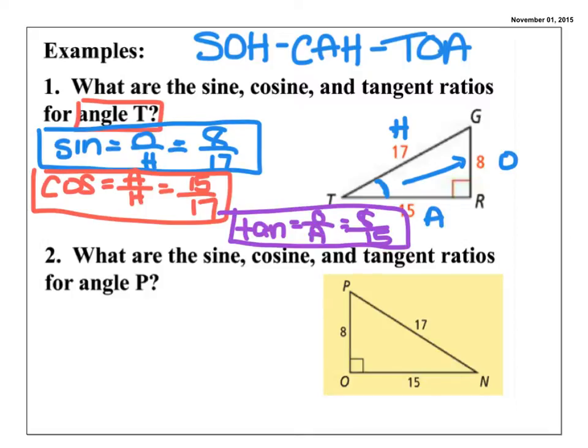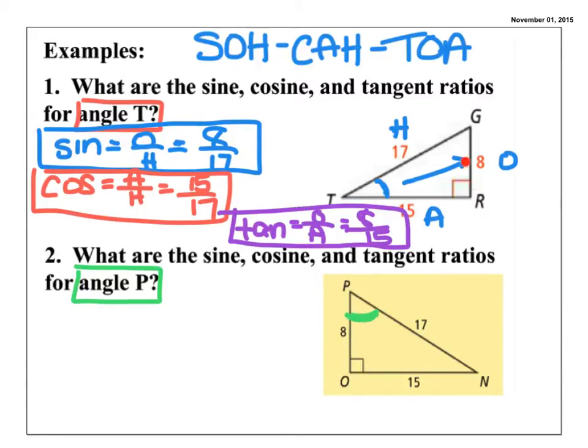Number 2, we want the sine, cosine, and tangent ratios for angle P. Now, remember what I said earlier. The key to the problem is the reference angle. You've got to identify that reference angle first because that reference angle will determine the relationship with the other sides. The reference angle this time is angle P that is up here at the top.